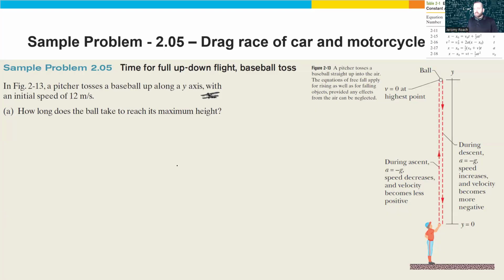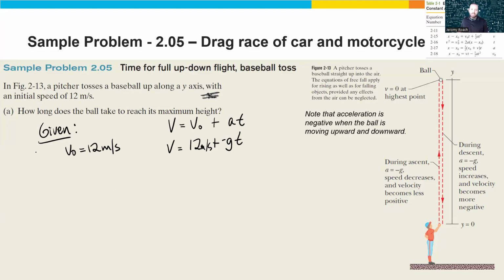All right, so here's an example of something that's ascending, going up, and descending, going down. In this figure, a pitcher tosses a baseball up along the y-axis, and the initial velocity is 12 meters per second. We want to find how long it takes to reach the maximum height.